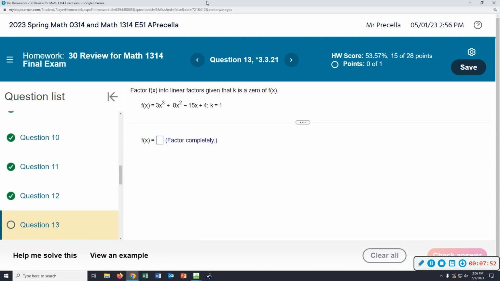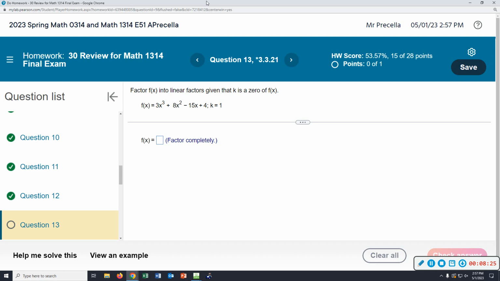Factor f of x into linear factors given that k is a 0 of f of x. This is number 13. Let me write the problem down. F of x is equal to 3x cubed plus 8x squared minus 15x plus 4, and they give us a 0.